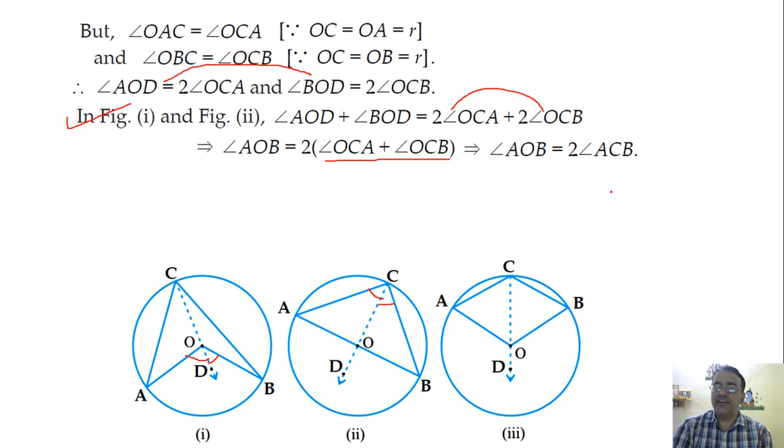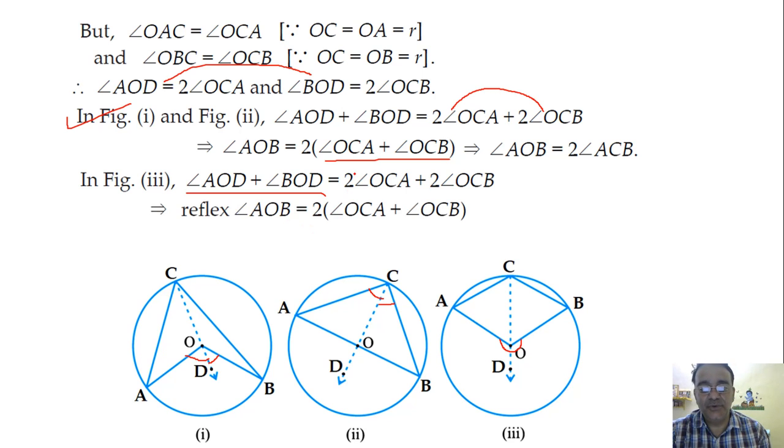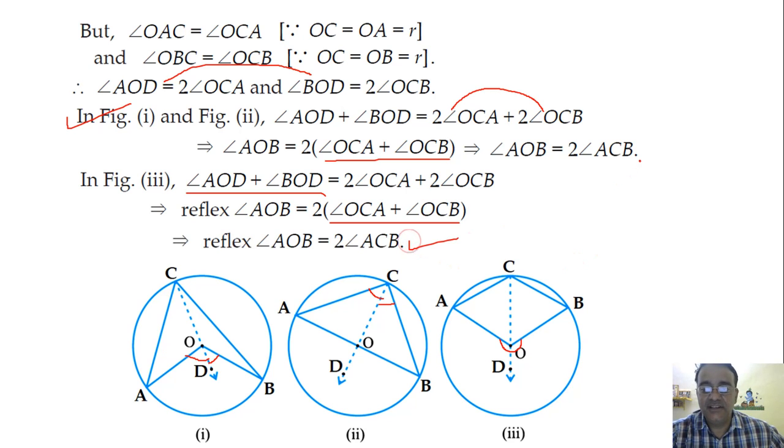Now for the third figure we'll do the same thing. We will add these two angles. But here we can't write angle AOB because this is a reflex angle. So we'll write reflex angle AOB is equal to 2 times the sum of these two angles, which is angle ACB. So this is the proof of this theorem.